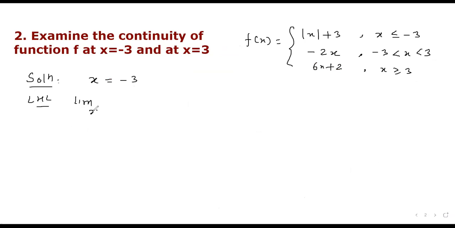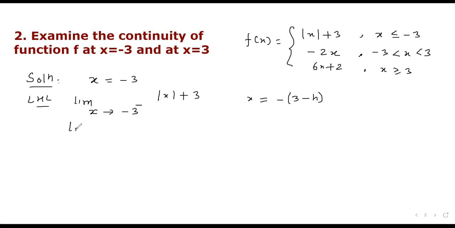limit x tends to minus 3 minus, where the function is modulus x plus 3. Here we put x equal to minus 3 minus h, where h tends to 0.